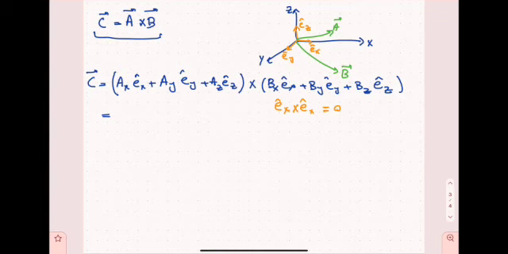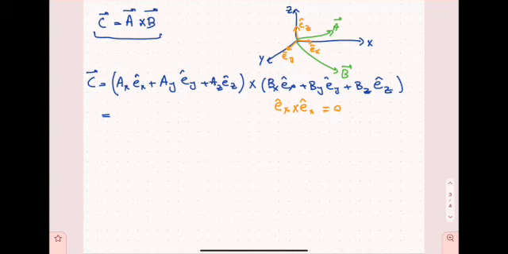So it will be magnitude of e_x and the sine of theta, and what is the angle of a vector with itself? This is 0 and the sine of 0 is 0. So this would be 0.